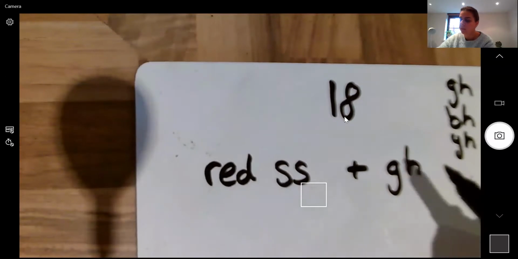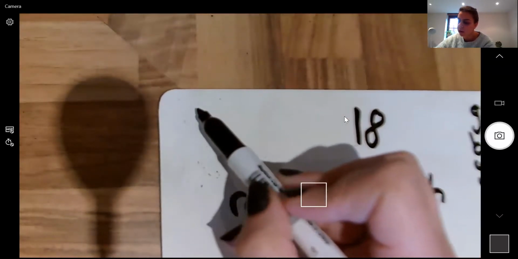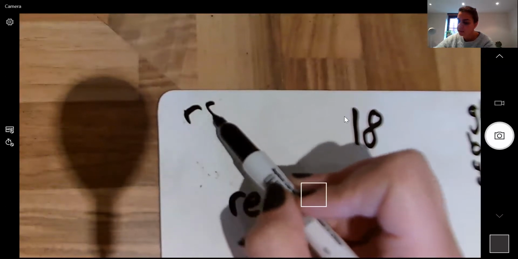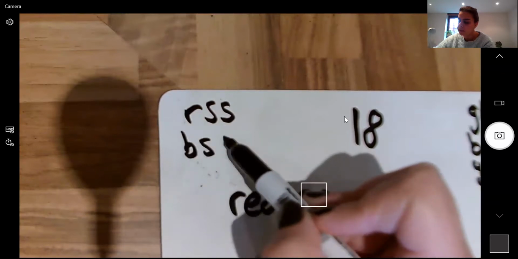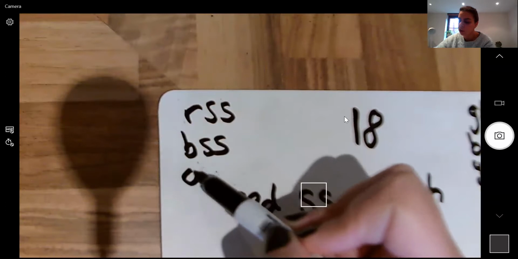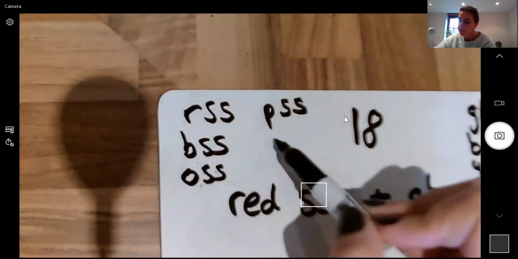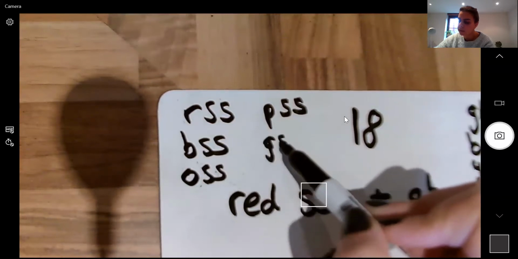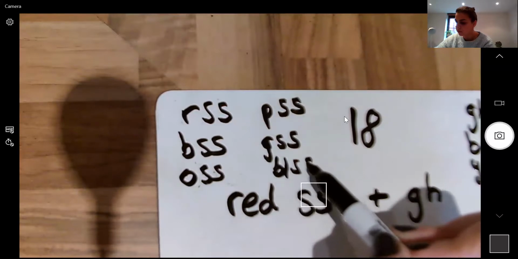And then the number of spacesuits I'm going to choose to do a red spacesuit, a blue spacesuit, and let's have a look, an orange spacesuit, a pink spacesuit, a green spacesuit, and a black spacesuit.